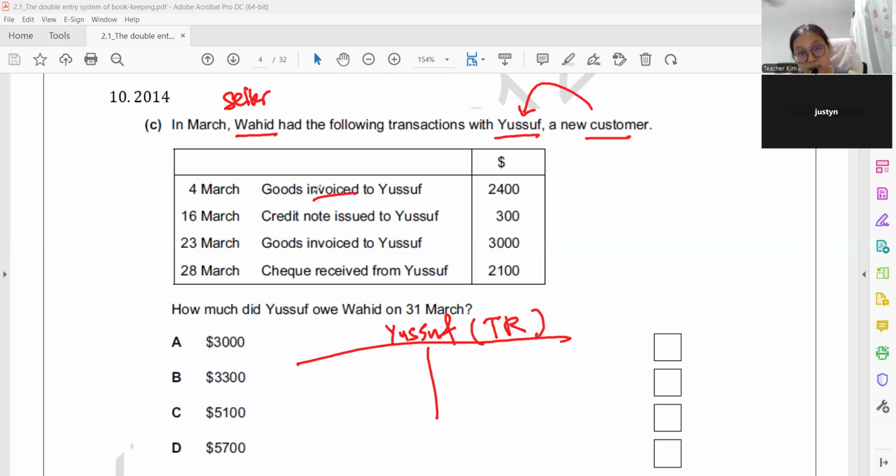Invoice means sales. Credit note issued means sales return. Goods invoice means sales. Cheque receipt, cheque means bank. So put debit or credit for these 4 items to find the balance owing.